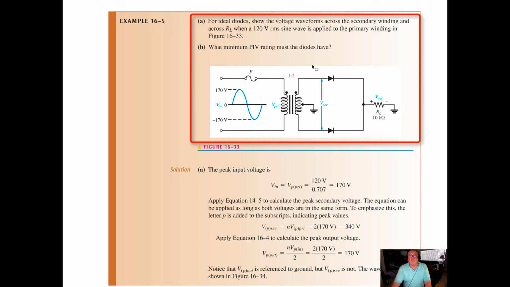For ideal diodes, show the voltage waveforms across the secondary winding and across the load resistor when a 120 volt RMS sine wave is applied to the primary winding in the figure. What minimum peak inverse voltage rating must the diodes have?